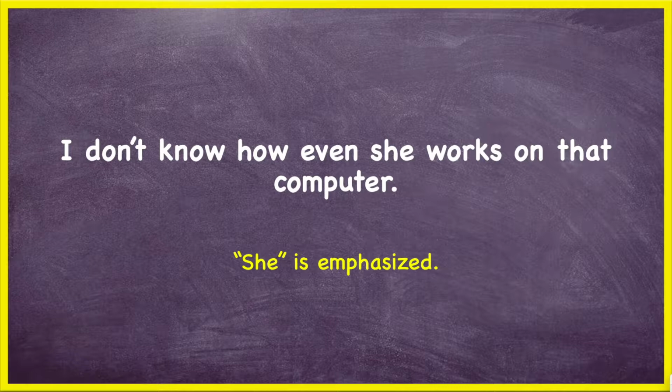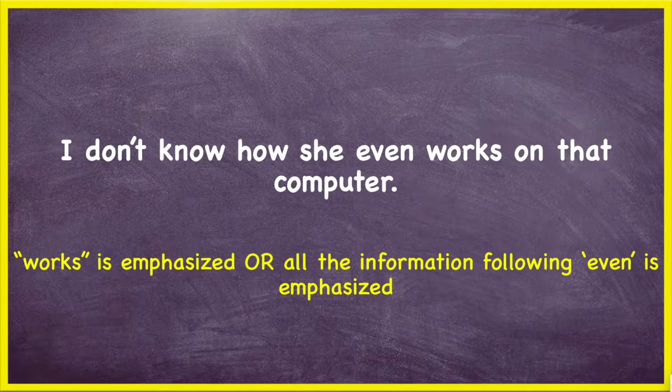Right? All right, next one. I don't know how she even works on that computer. Okay, this is an interesting one because it's the secondary verb here that the adverb comes before. So it could be that works is emphasized. So I don't know how she even works on that computer.